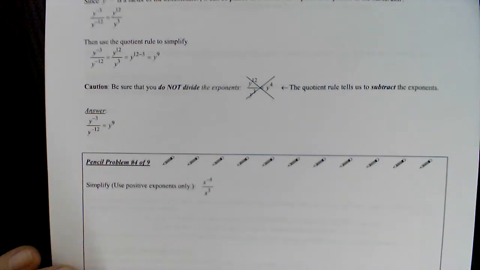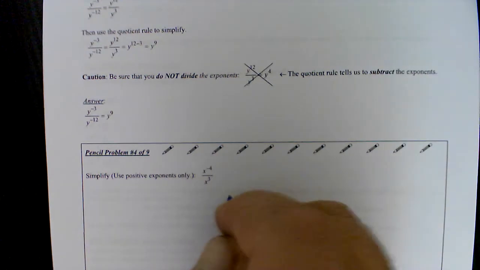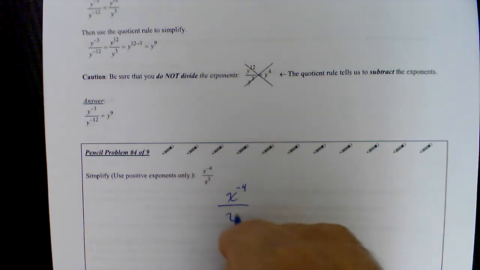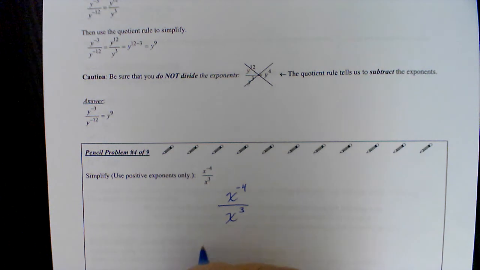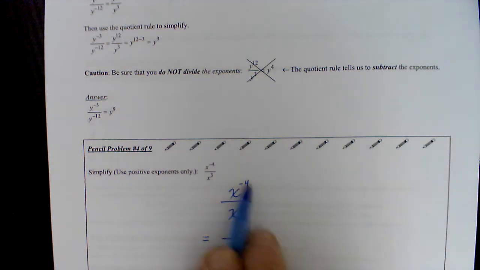And so in the pencil problem, I'll recopy. We're given x to the negative 4th over x cubed. You could proceed with the division rule if you want, but this negative exponent shift is helpful. See, x to the negative 4th, I don't like negative exponents, so I'm going to shift it.